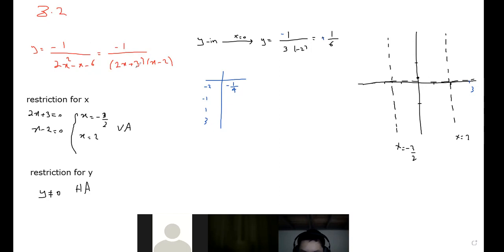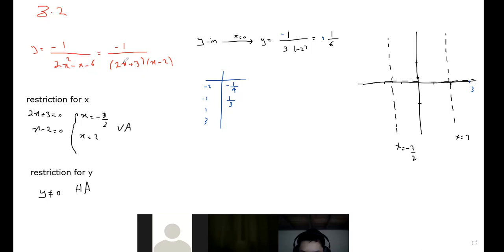Okay, -1/4. If you put -1, here you get 1, -3, negative, positive, so it's going to be 1/3. And again, if you put 1 here, you get -1.